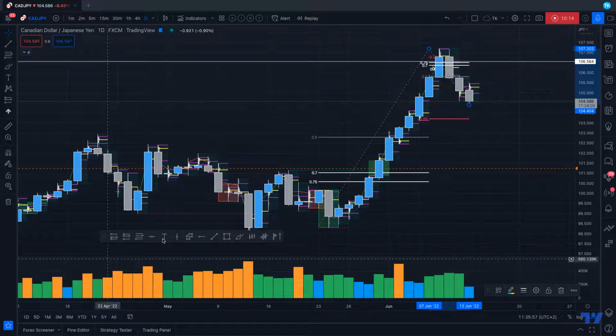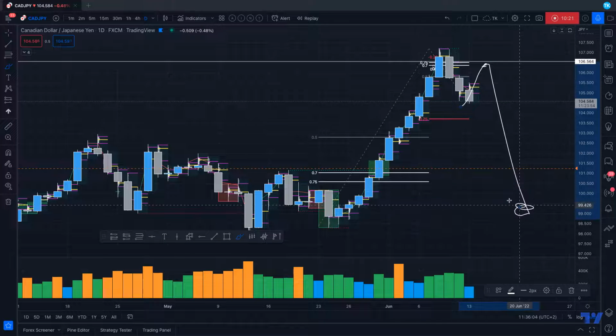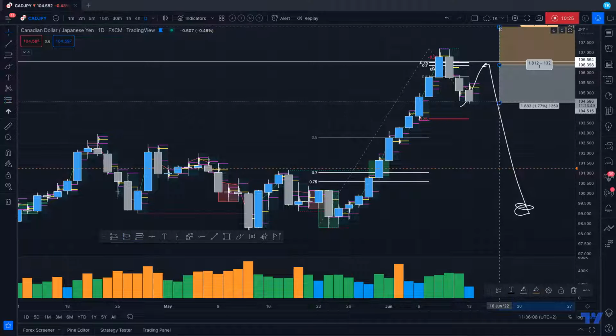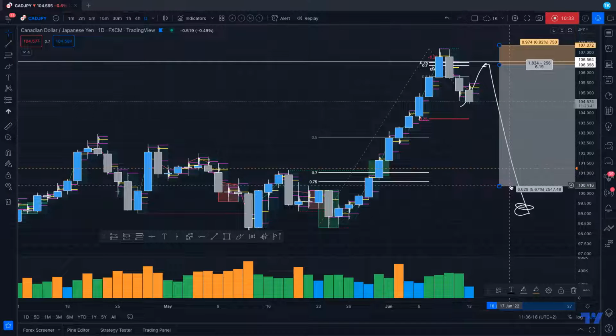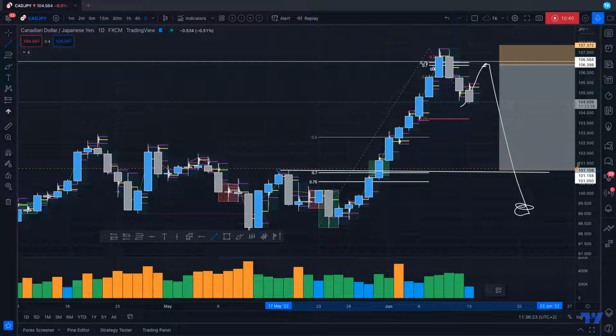So this could be another level to pay attention to. Retracement here, and short. Stop loss just right here, above these two highs, and take profit here on this structure.